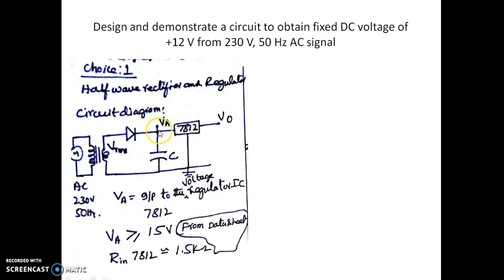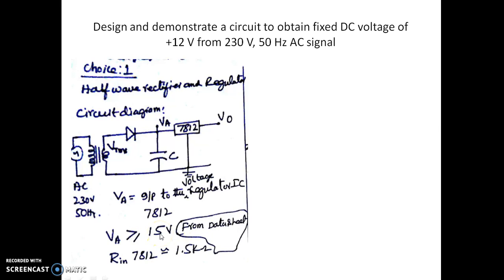Now, we are naming the voltage at the input of 7812, which is a 12 volt regulator, VA, the input voltage to the regulator. From the data sheets it is known that the minimum voltage required at the input of 7812 to have a fixed 12 volt is greater than or equal to 15 volts, and the input resistance of 7812 is approximately 1.5 kilo ohms.